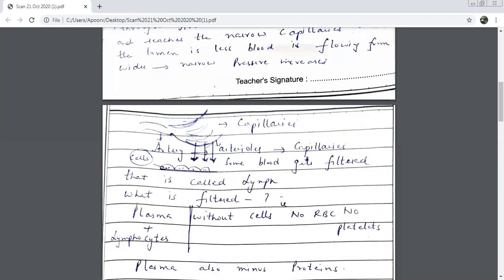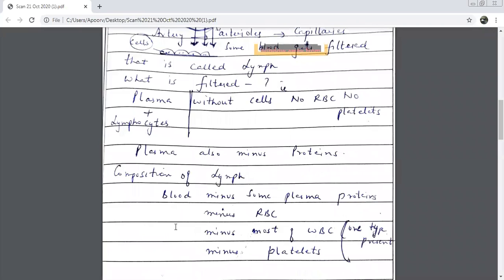So when I say what is lymph, it is plasma plus lymphocytes. Plasma is blood minus big plasma proteins. I forgot to write big over here. ये आप कर लीजिएगा when you write your notes. Blood minus some big plasma proteins, minus RBCs, minus most of the WBCs except one type of WBC. Only one type of WBC oozes out.